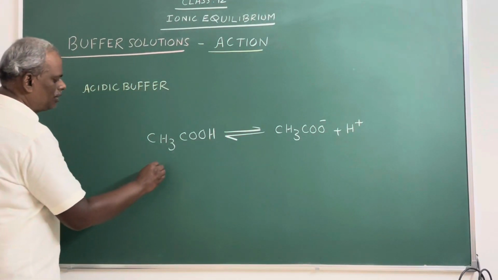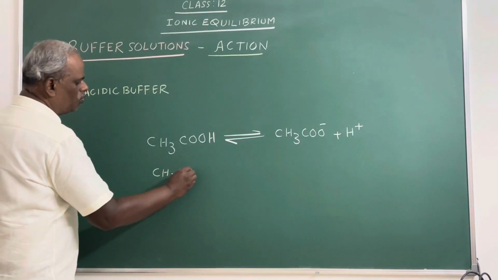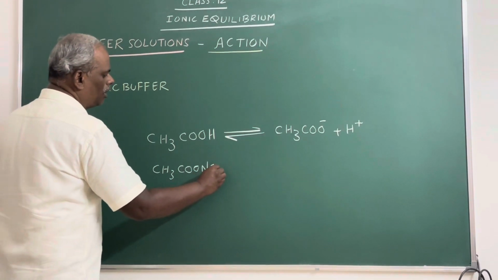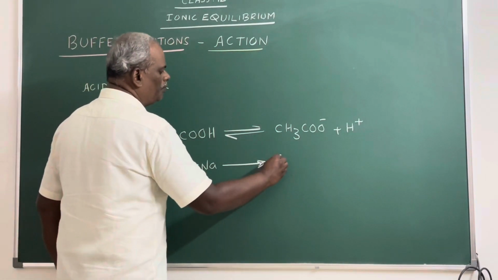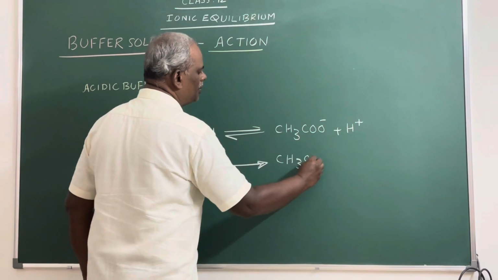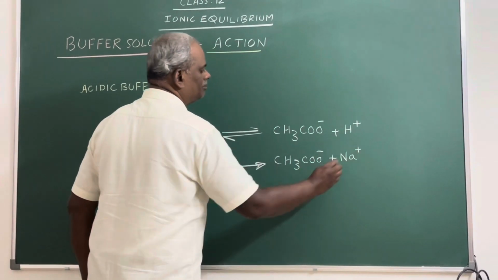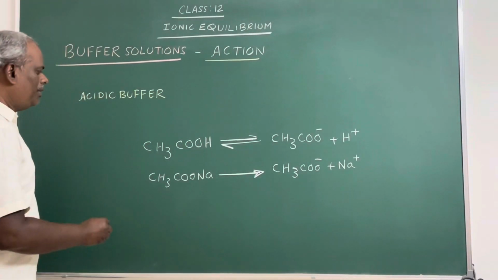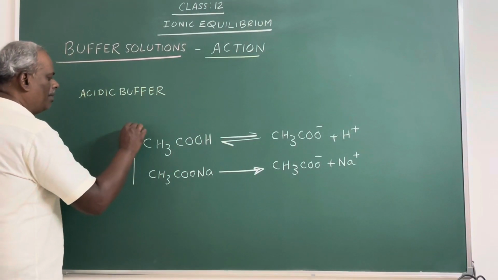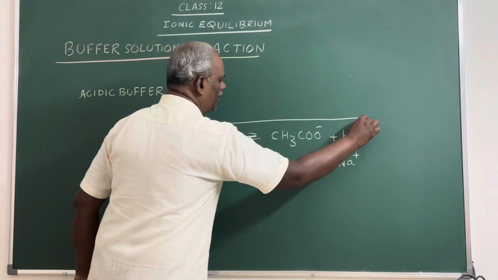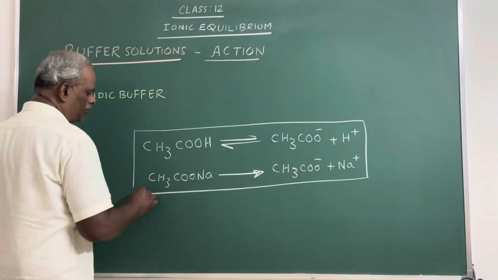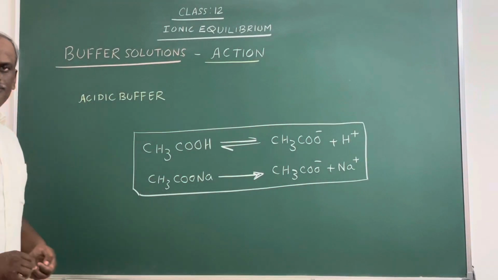And its salt, CH3COONa, a stronger electrolyte, is completely dissociated to form CH3COO minus and Na plus. And this can be given inside a box like this. It shows that these are the constituents of the buffer mixture.